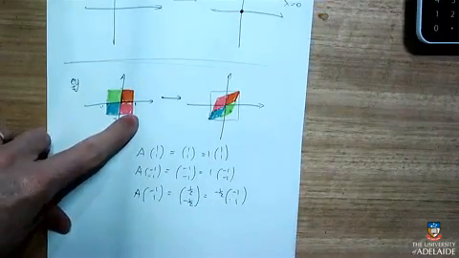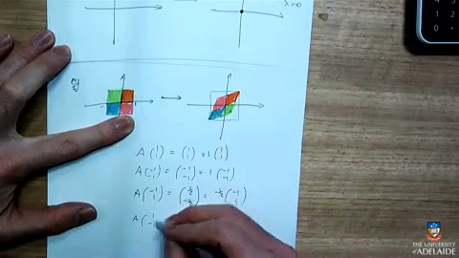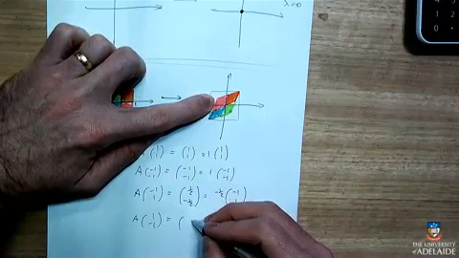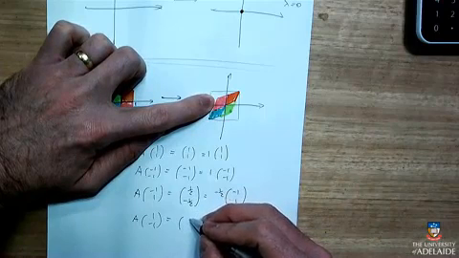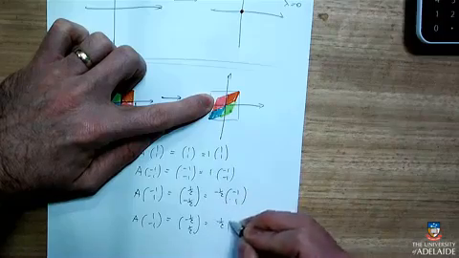And this one here ended up on the other side too. So A of 1, minus 1 ended up over here at a half, minus a half, which is minus a half of what it was before.